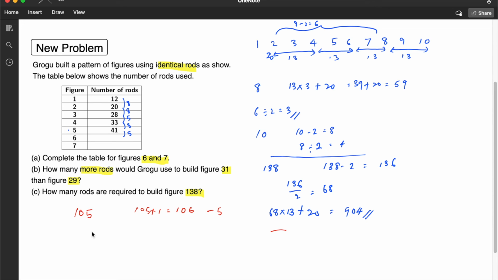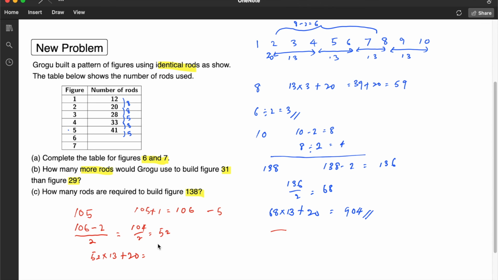So let's calculate the number of rods for 106. We have learned earlier what we need to do first is 106 minus 2, and then take the result, divide by 2. I'm doing everything in one step here. So this is 104 divided by 2. We get 52, and then 52 multiplied by 13 plus 20 for figure 2.